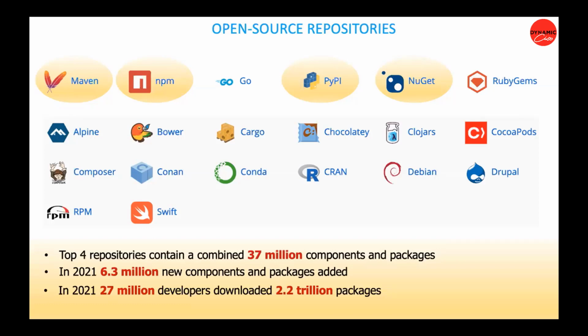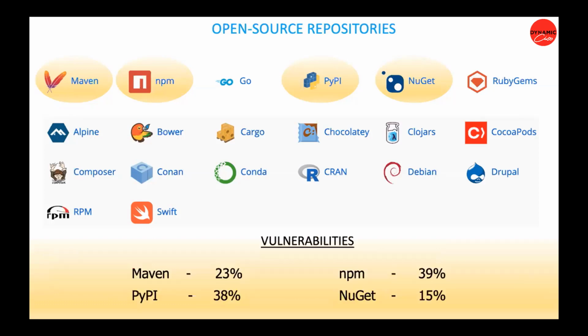Now, all these top 4 have a huge number of vulnerabilities as it is. 23% of the Java repository, Maven, is vulnerable code and packages. NPM, the JavaScript one, 39%. Python 38%, .NET. They already have vulnerabilities, which developers blindly download, combine with their code, create an application, and then the supplier gives that application to the customer.